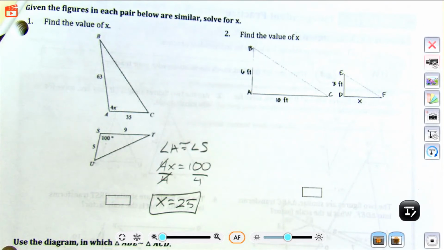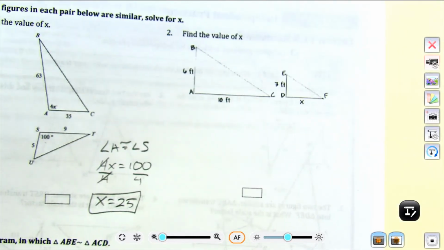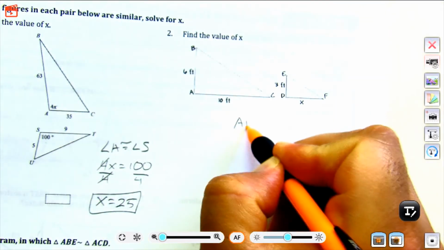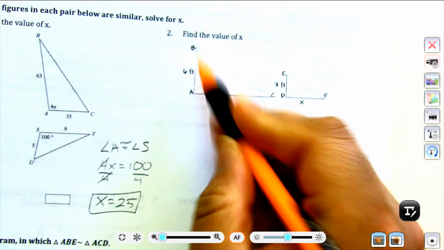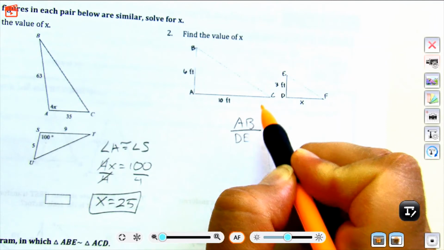For number 2, we're using sides, so let's create our proportion. Let's say we have AB, and the side that corresponds to AB is DE, and then we have AC over DF.